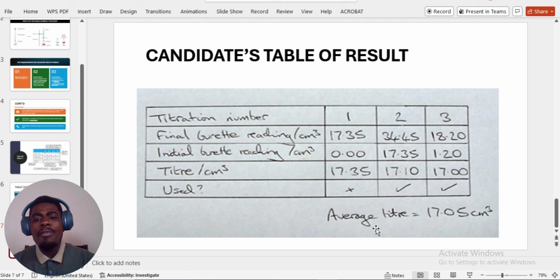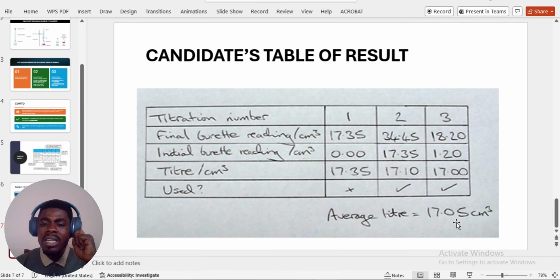You can see finding the average titer or the mean titer: this student put 17.10 and 17.00, divide by 2, then the student is getting 17.05 centimeter cube. Excellent result, and this student is going to get full mark on the table.